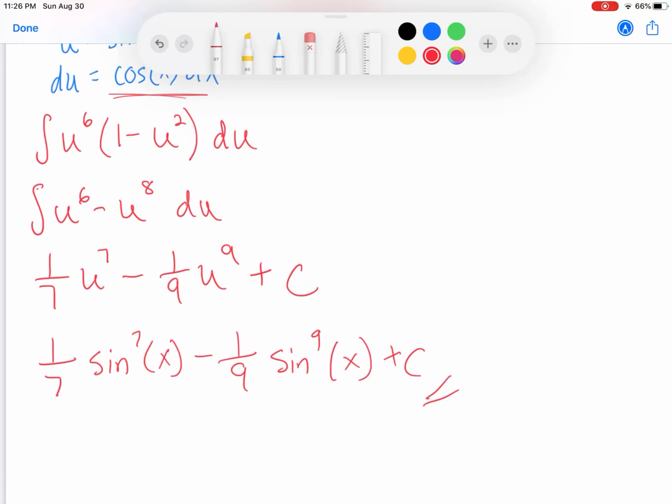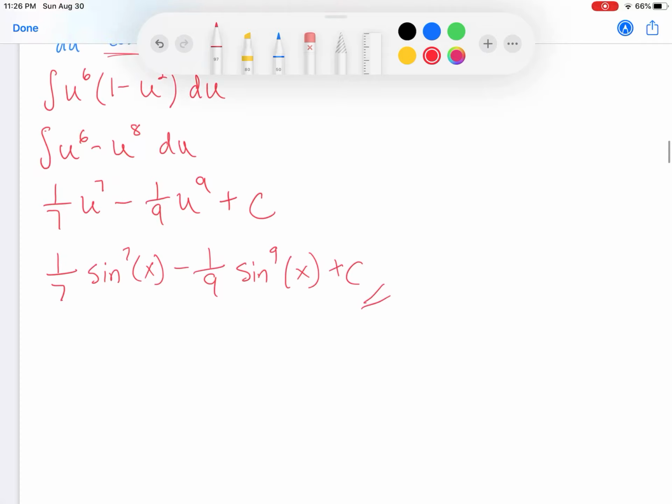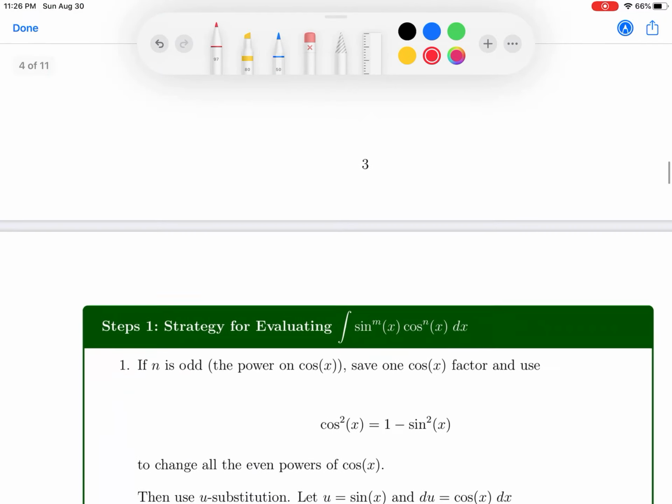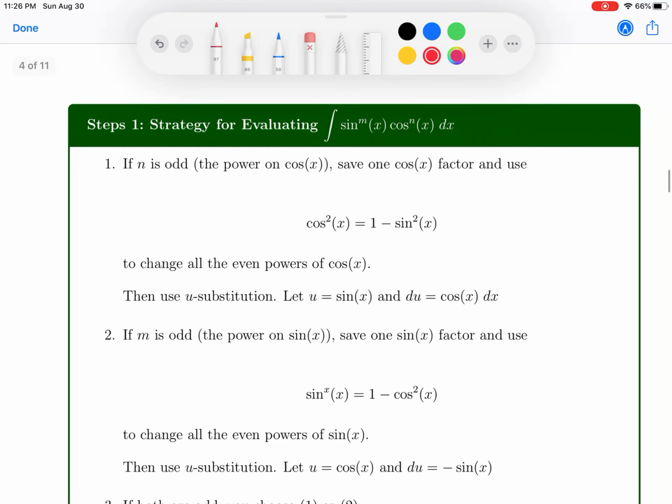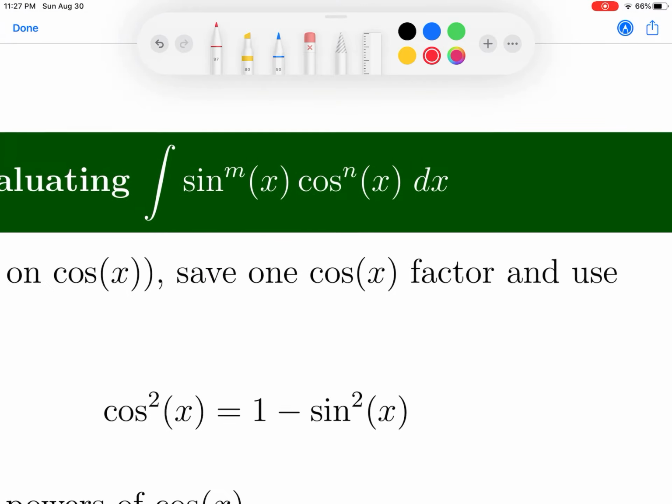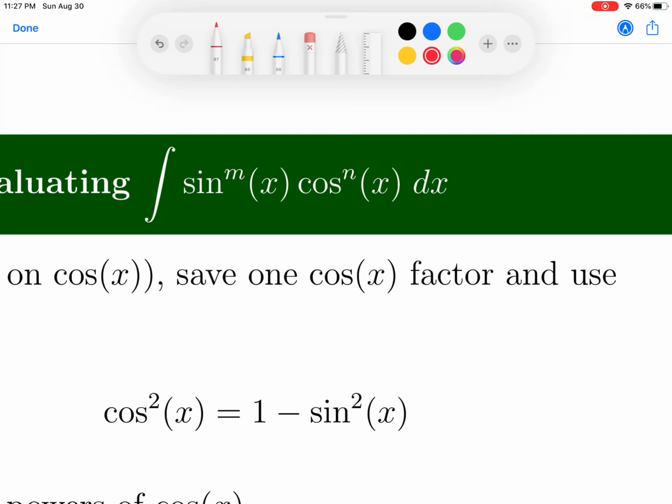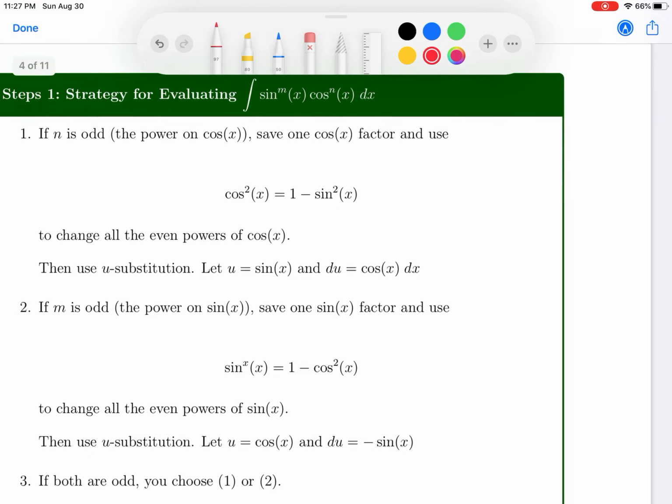Beautiful. Okay, let's keep working on here. Before we do that though, I have a strategy for you guys to take a look at every single time that you have a problem very similar to what we've been talking about. The strategy for evaluating these looks like this, where you have cosine raised to some power and sine raised to some power, or in the exact order that we have here, sine raised to m, some power, cosine raised to n, some power.